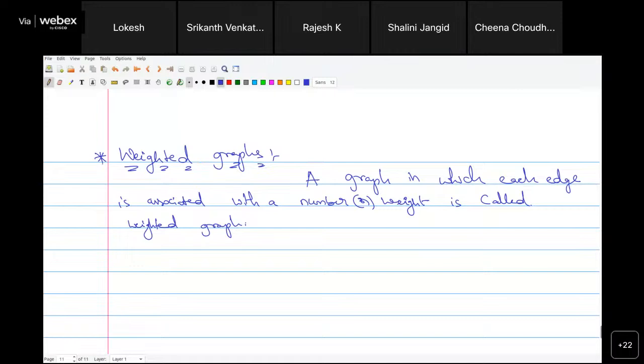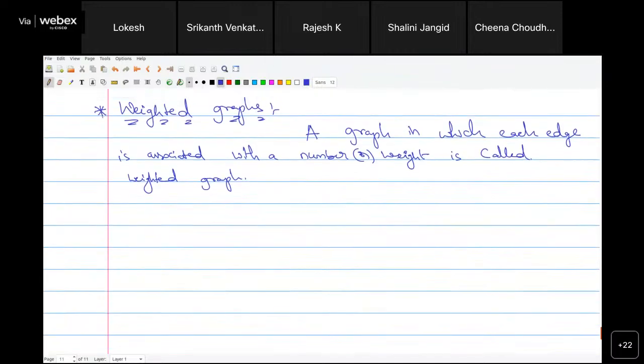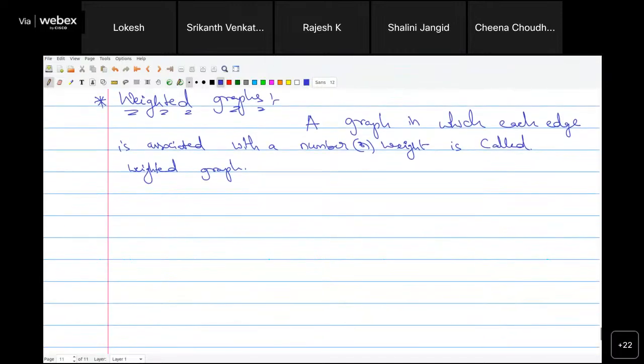So let me show how we can find the shortest paths in a weighted graph. That is what we are going to do in Dijkstra's algorithm. Okay, this is how the example will be.